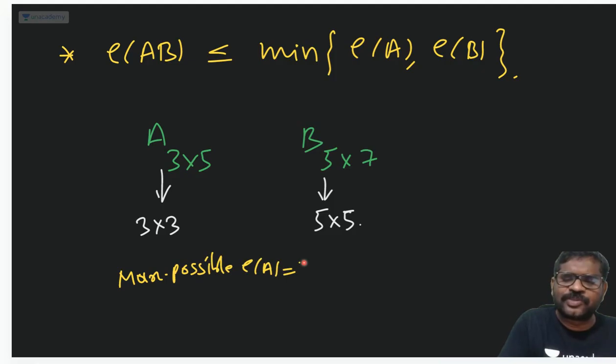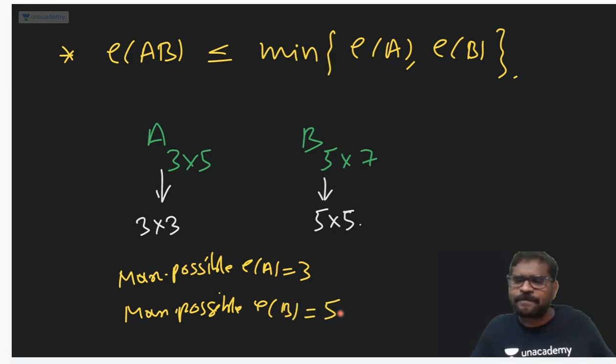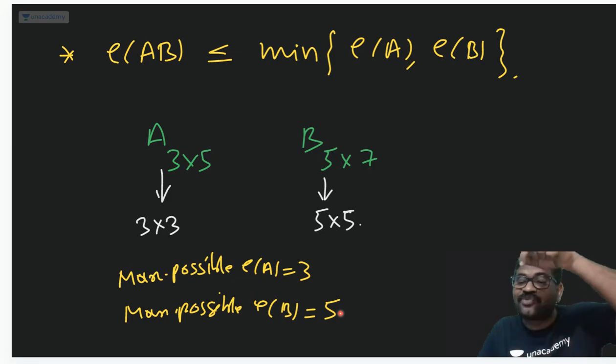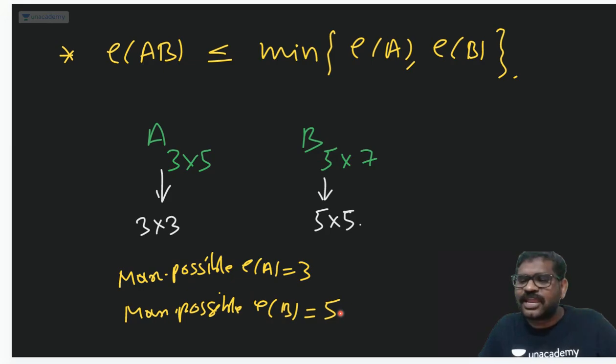Maximum possible rank of A is 3. Maximum possible rank of B is 5. So please remember, maximum possible rank of A is 3, maximum possible rank of B is 5. So finally, maximum possible rank of AB would be 3 only.